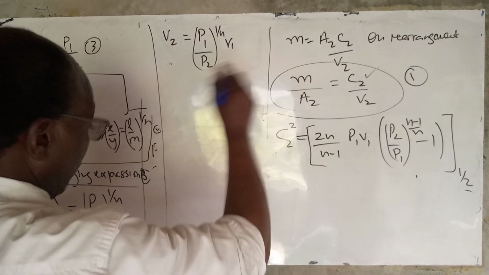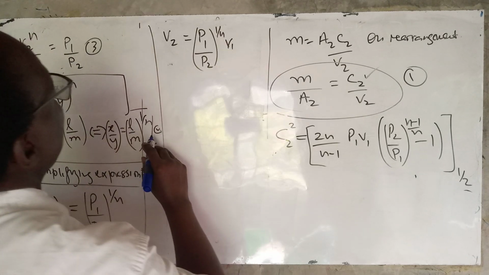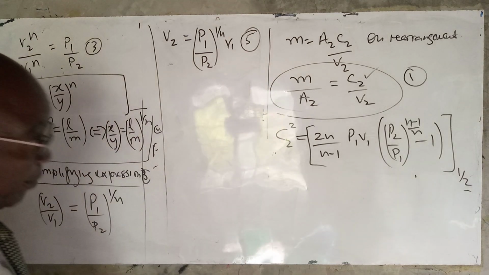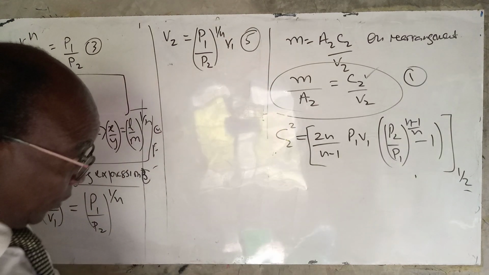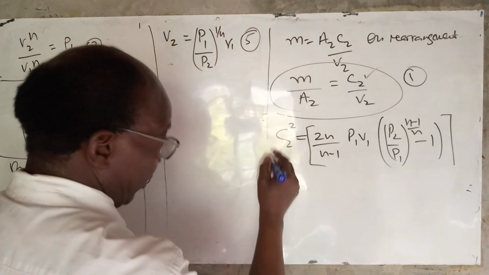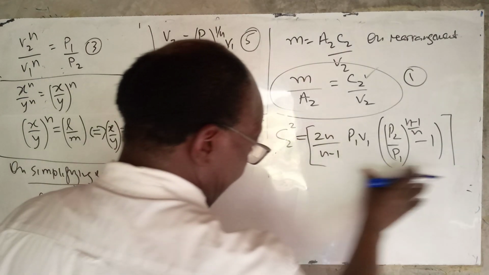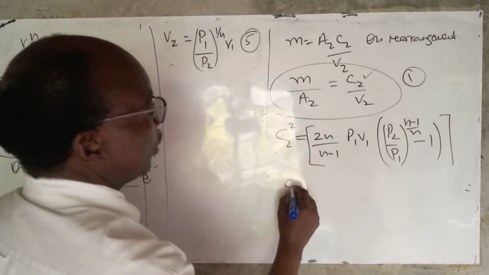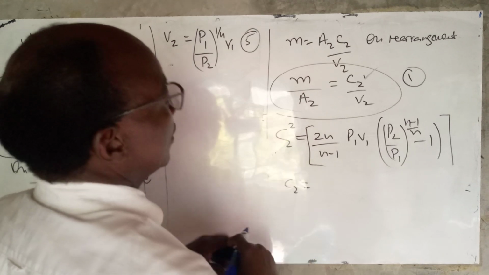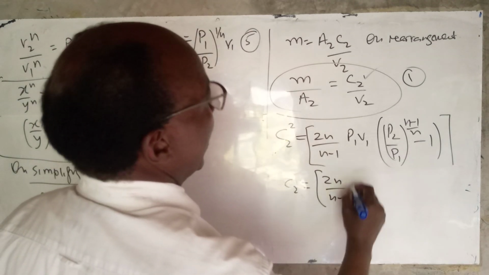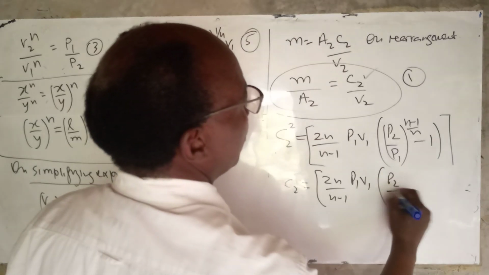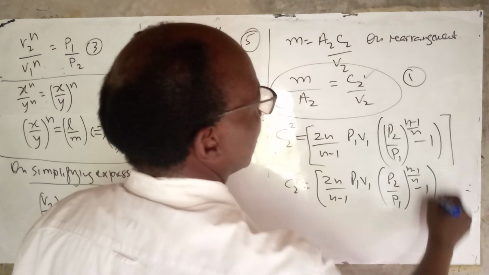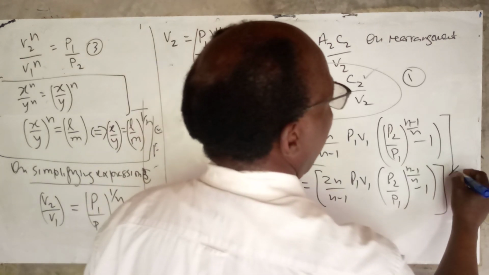And so, let's call this expression number 5. So if we substitute expressions, if we substitute the expression for C2, which is the square root of that expression there, expression number 2, I think we have just erased it, that is C2 squared is equal, C2 is equal to 2n over n minus 1 P1 V1 times 1 minus P2 over P1 to the n minus 1 over n, raised to power half.